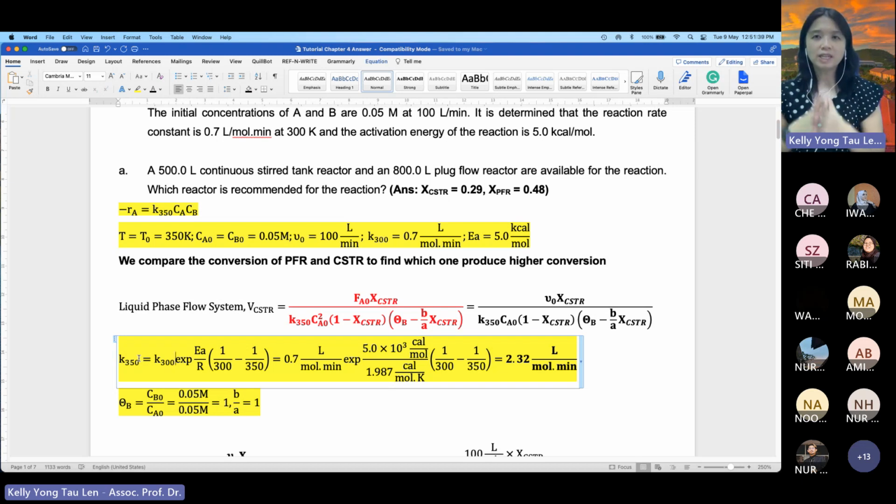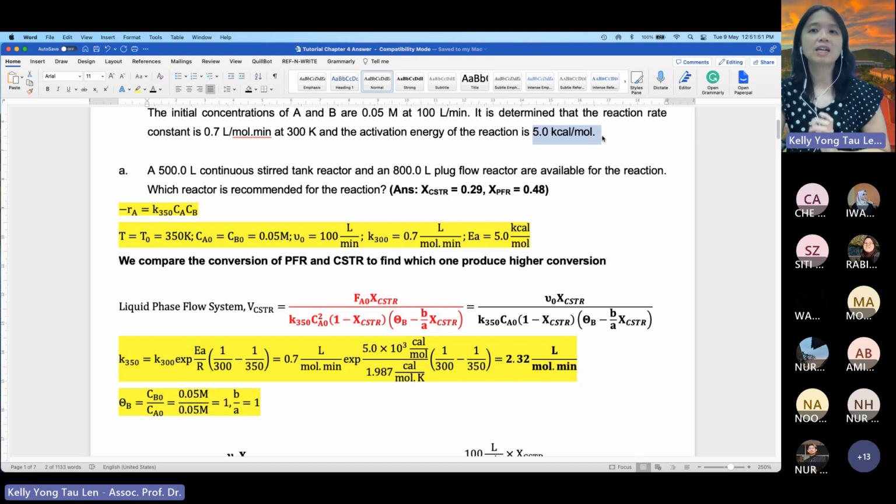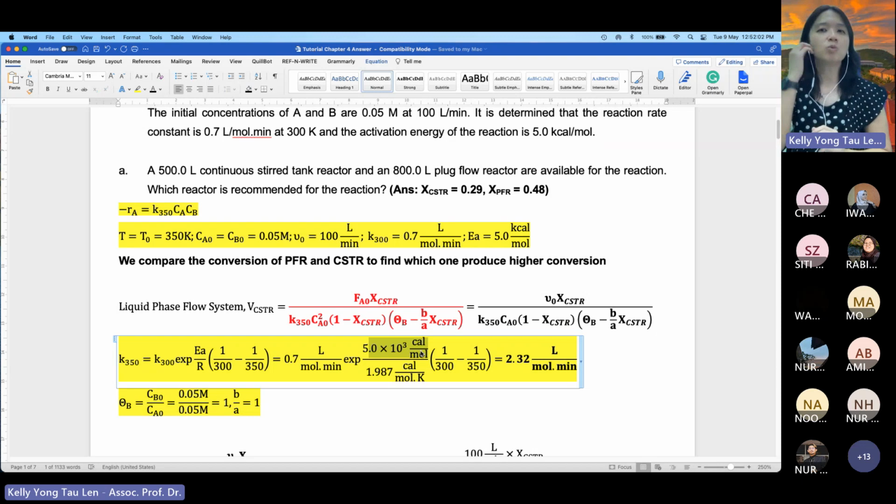The equation is also provided. You must understand how to use the value of EA. EA is given to you as 5 kilocalorie per mole. But because our R value is always in calorie or joule, you convert kilocalorie to calorie by multiplying by 1000, then you divide by the R value.